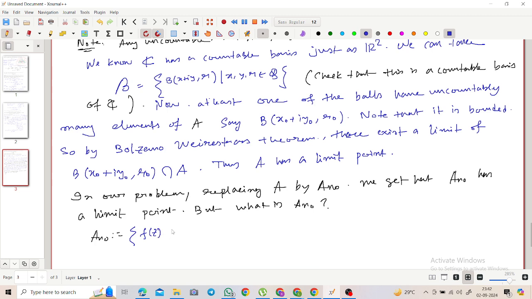It is all those z naught such that if z equals summation c n (z minus z naught) to the power n, such that c n naught is 0 and c n is non-zero if n less than n naught, right?